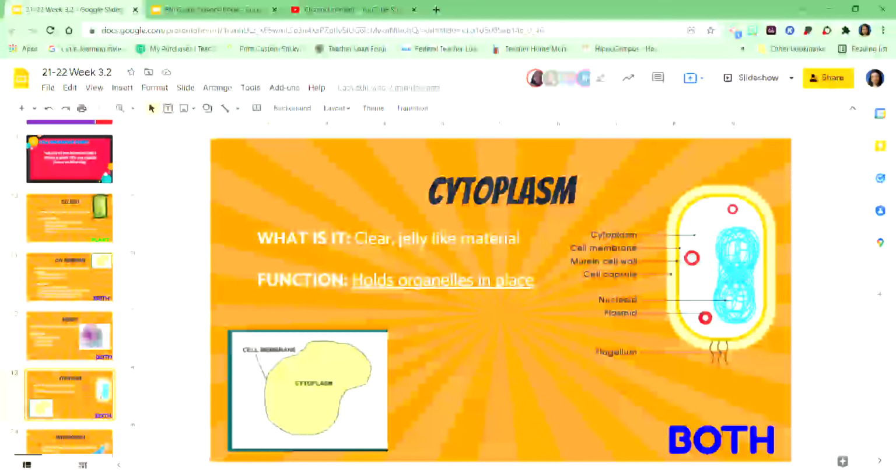The cytoplasm is found in both animal and plant cells. It is a clear jelly-like material that's throughout the entire cell, and its job is to hold organelles in place. This keeps them from floating around, bumping into each other, stuff like that.